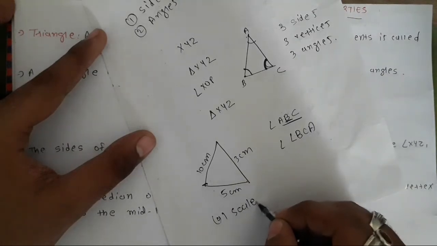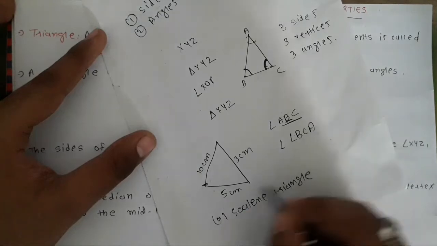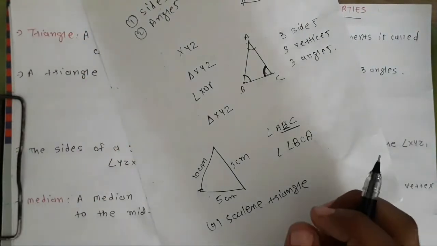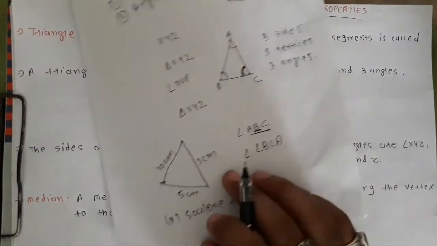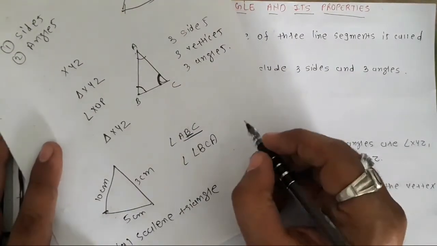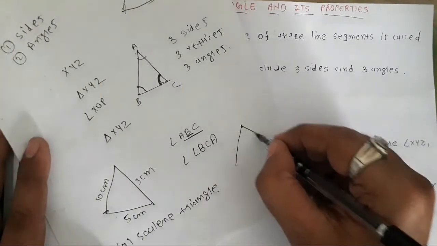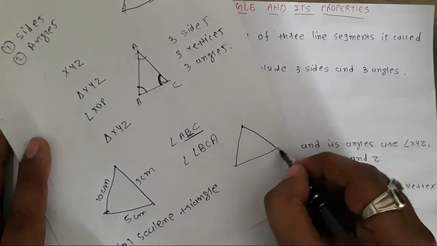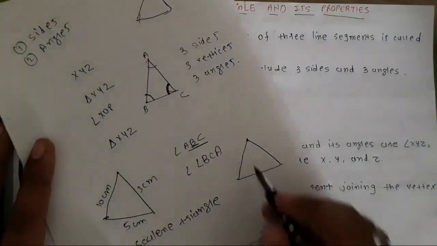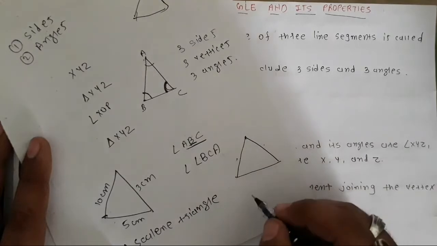Now in a scalene triangle, as I told you, all the sides are of different measurement. That type of triangle is called a scalene triangle. And the next one is the isosceles triangle. An isosceles triangle is a triangle in which two sides are equal and another side is different.